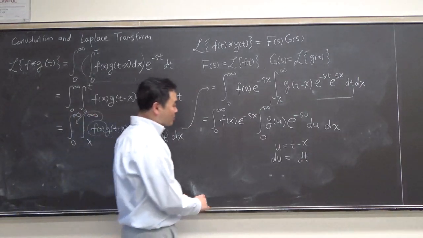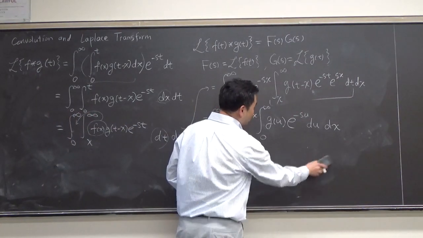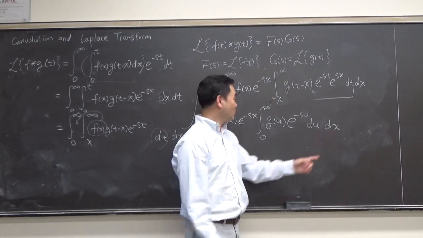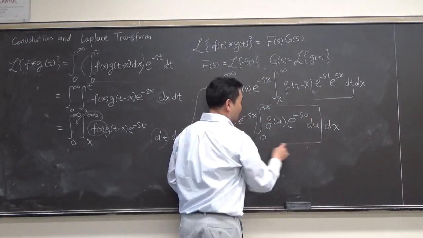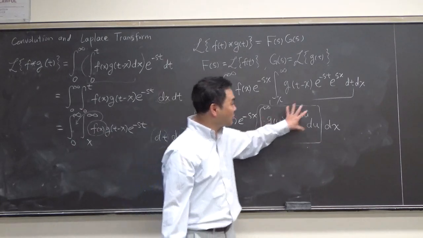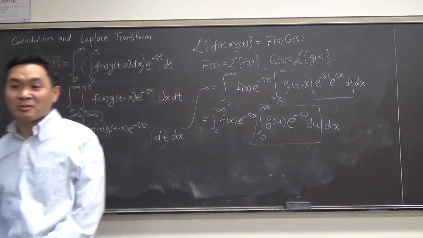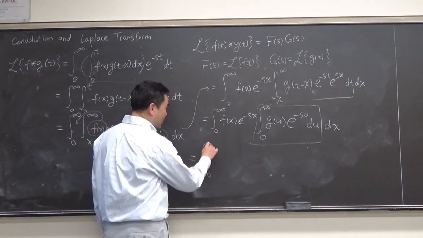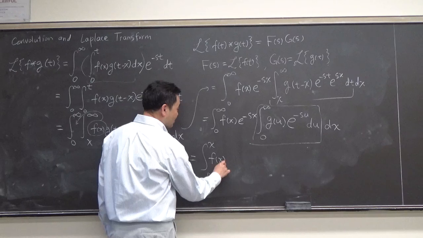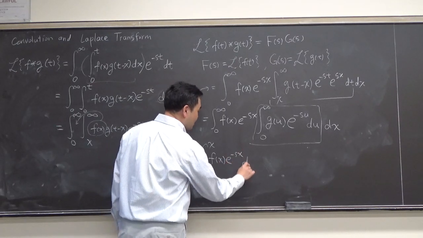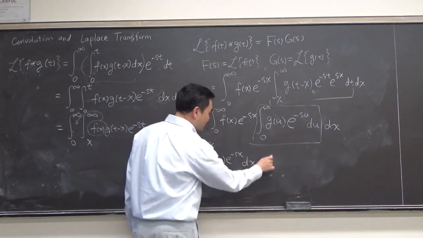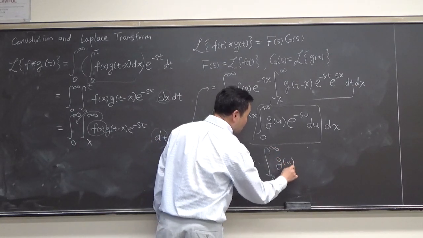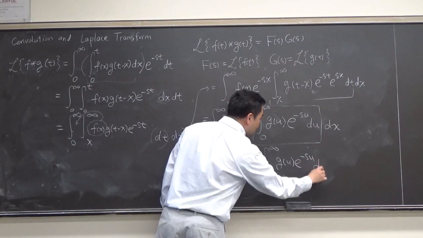But now look at what happened. By doing the change of variables, this is now free from x. So this is just a constant. It doesn't have any x in there. I can bring that outside the integral at no cost. So here's what we have: the integral from 0 to infinity of f of x, e to the negative sx, dx, times the integral from 0 to infinity of g of u, e to the negative su, du.